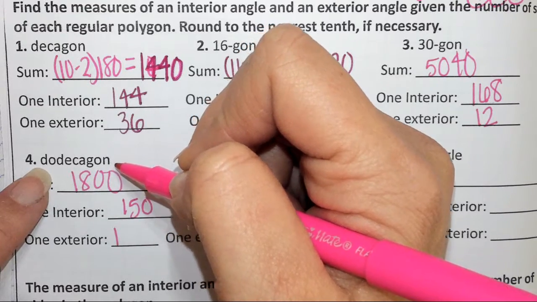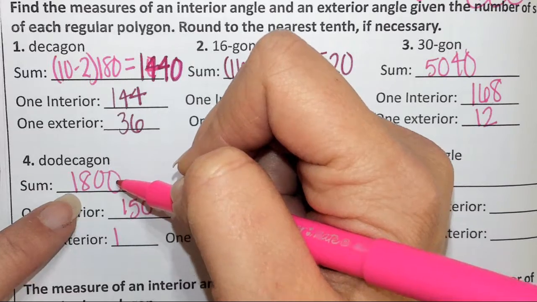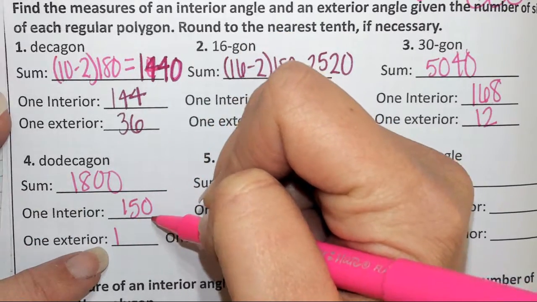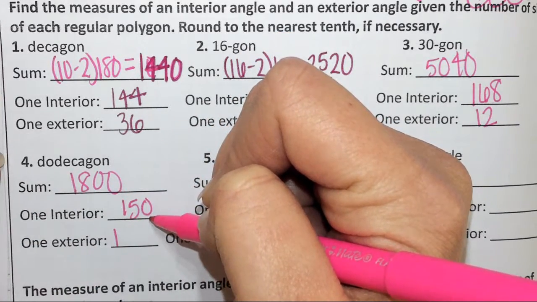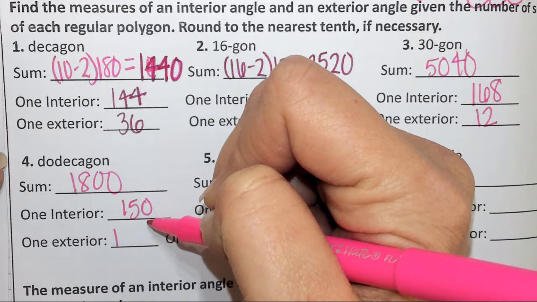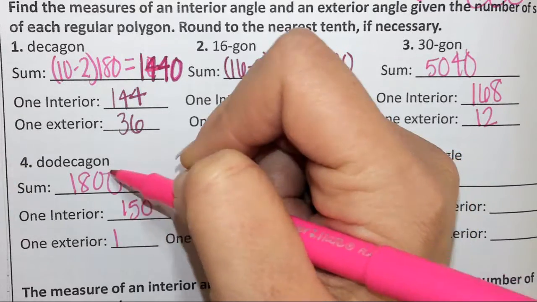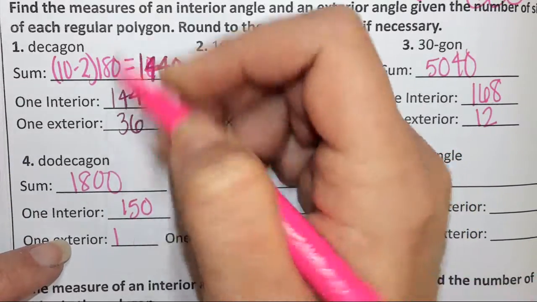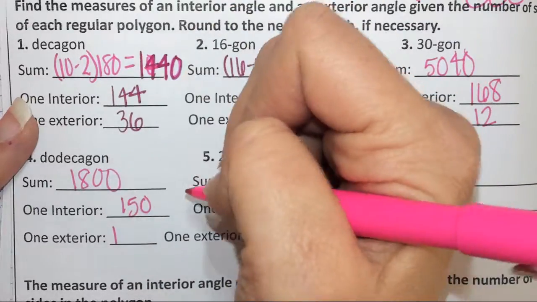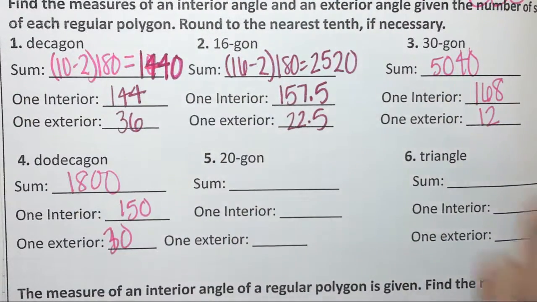Okay, so 12 minus 2 is 10, times 180, which is 1800. And then you divide that by 12. Do 1800 divided by 12. Okay. Now for the exterior, we do 360 divided by 12, and we get 30. Okay.